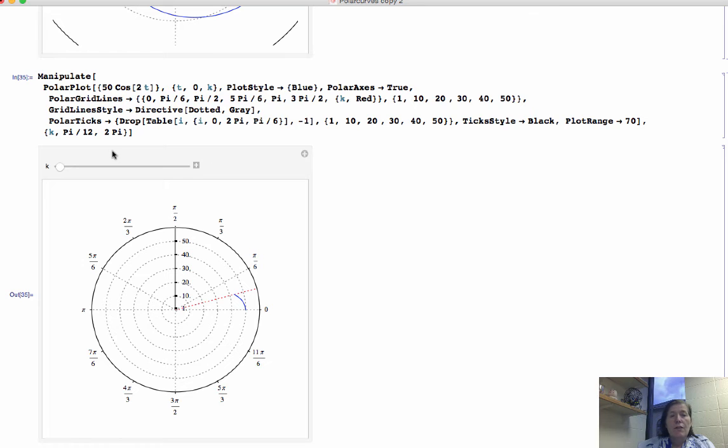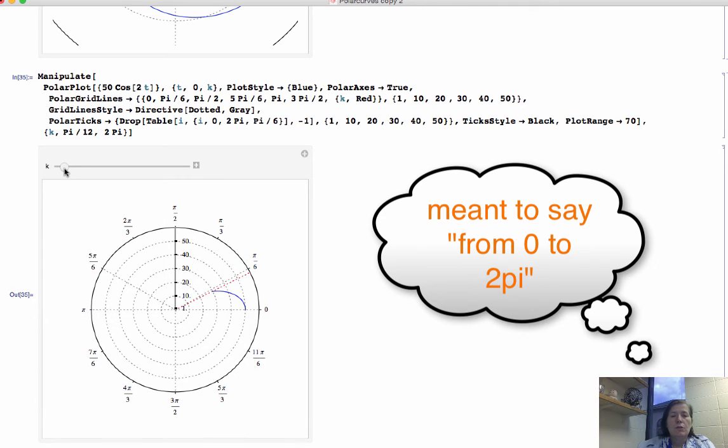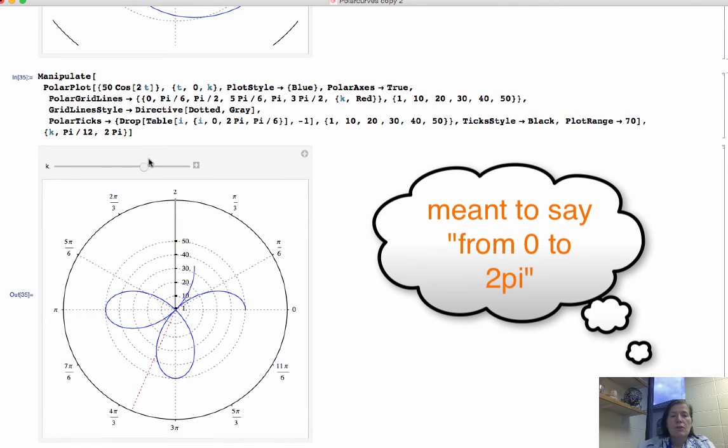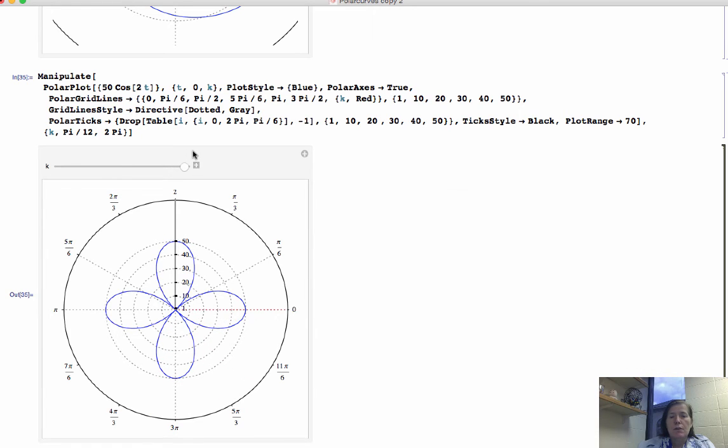Here's a graph related to a question on your homework. If we want to plot the graph of r equals 50 times cosine 2 theta, as theta swings around from 0 to pi over 2, it traces out this four-leafed flower.